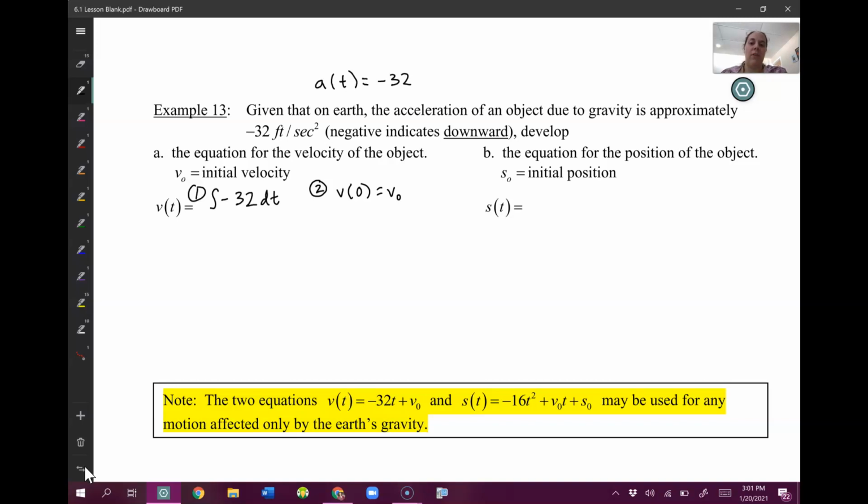So whatever that initial velocity is, this is just a number. It's just a constant. So I want you to try these two steps on your own. Find the integral equation plus c, and then plug in your initial condition, and then come back and see how you did.